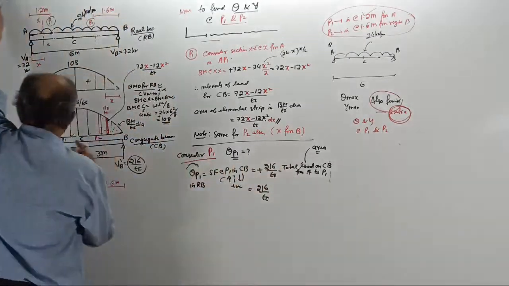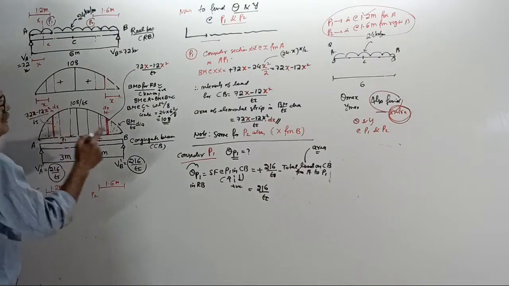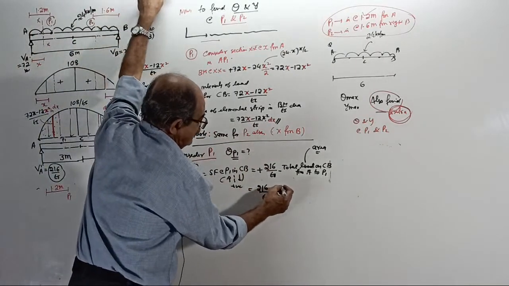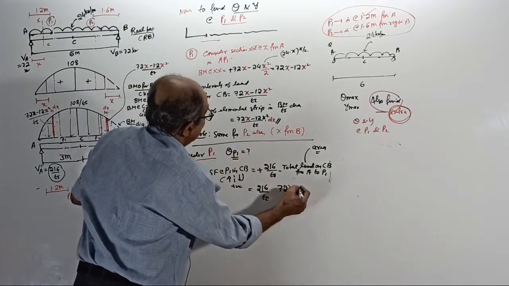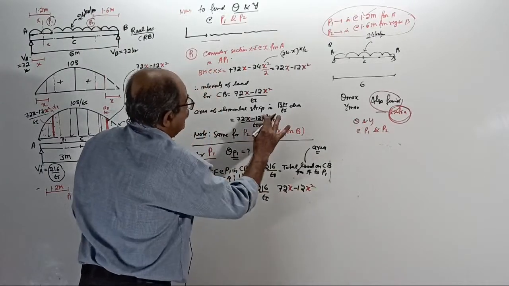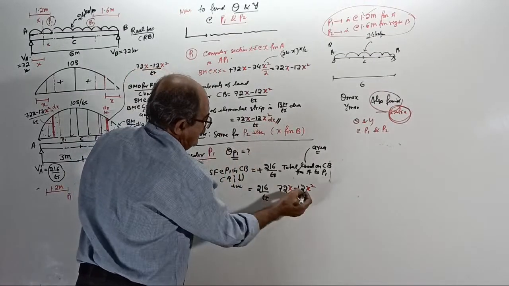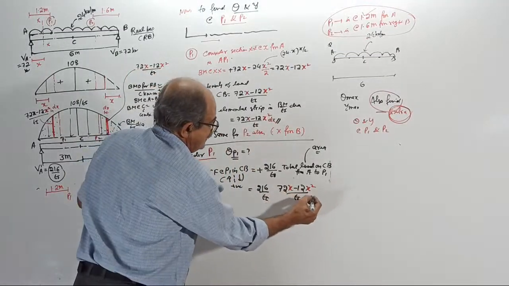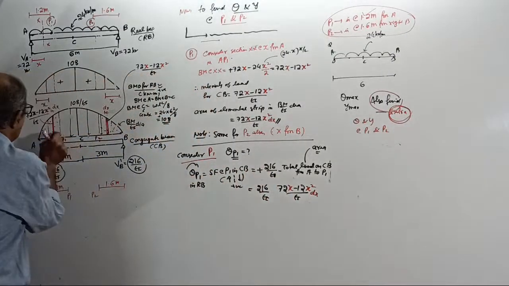If you want total area from here to here, you know what is the elemental strip area. It is 72x minus 12x square by EI dx, the area of a small strip.